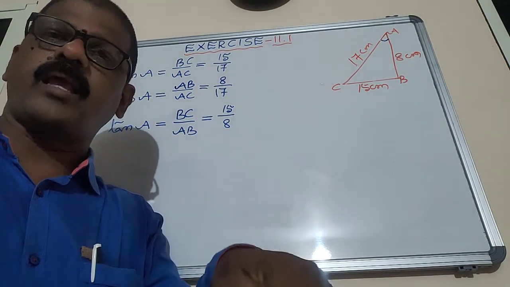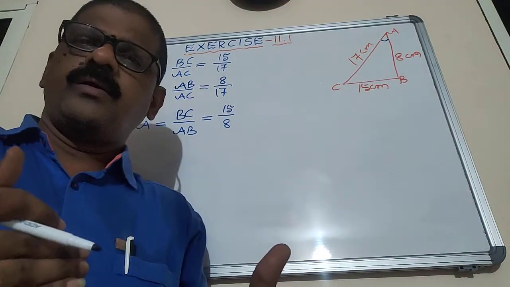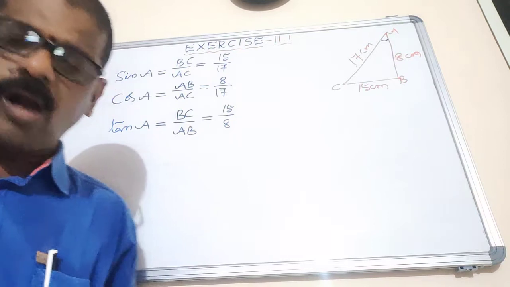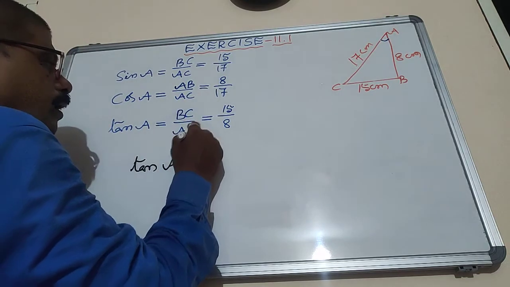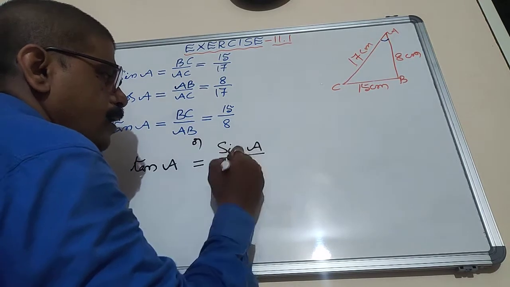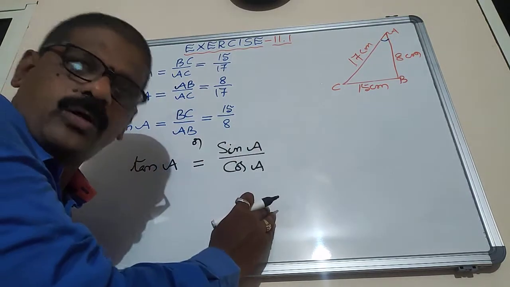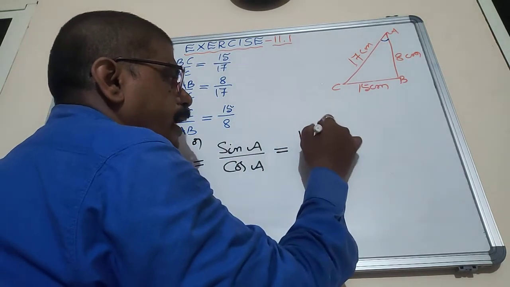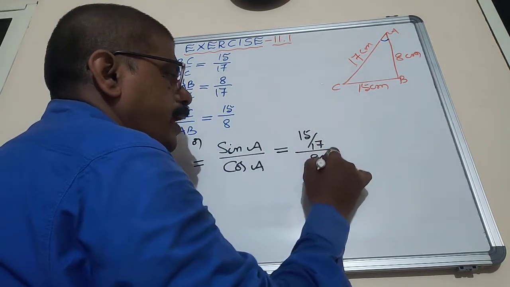Now we know sin A and cos A. Another ratio is known, so alternatively, you can find tan A. How? Tan A can be written as sin A by cos A. Sin A is 15 by 17, whole by cos A, which is 8 by 17.